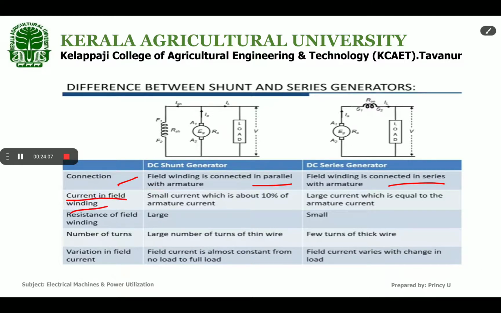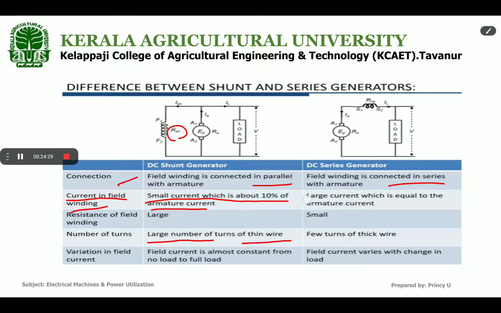A small current, about 10% of the armature current, flows through the shunt field. Okay. Because of that, a large number of turns is used, it is a thin wire, and it also has high resistance. The shunt field resistance is at a higher value.